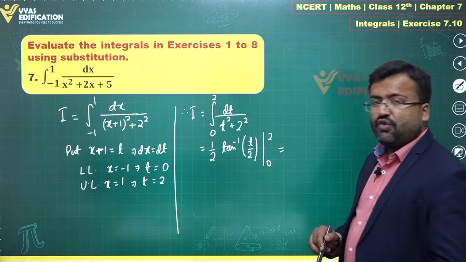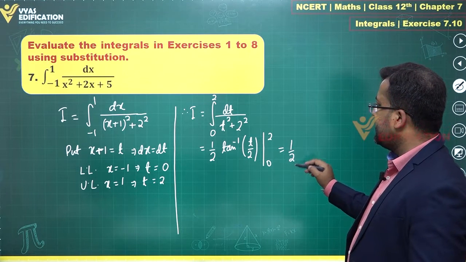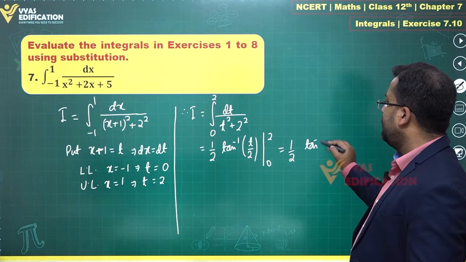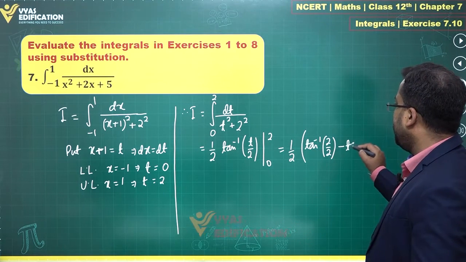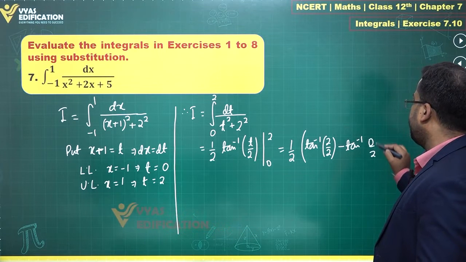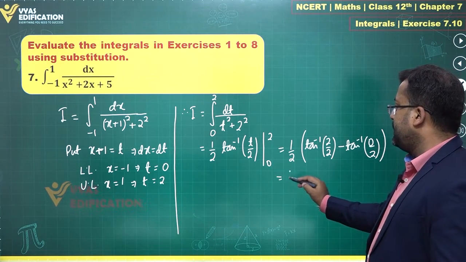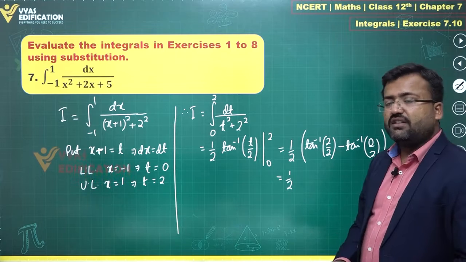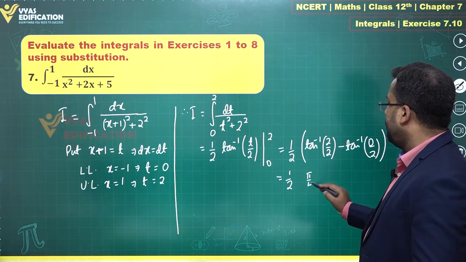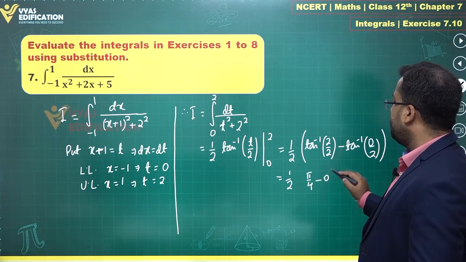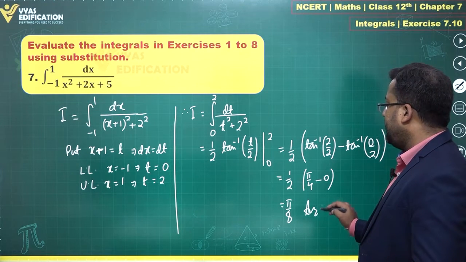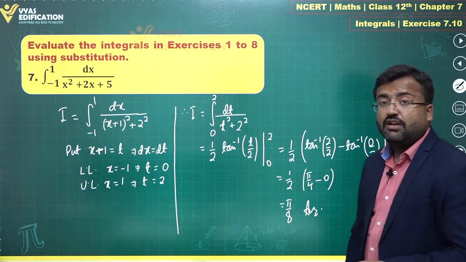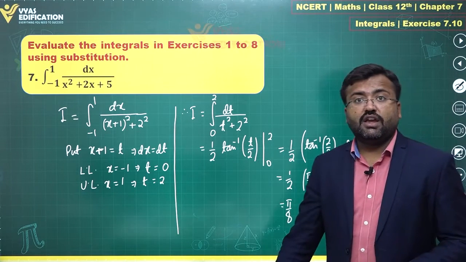And this further becomes what? This 1 by 2 remains as it is. This becomes tan inverse 2 by 2 minus tan inverse 0 by 2. Okay, this 1 by 2 is okay. Tan inverse 1, what is that? Pi by 4. Minus tan inverse 0, which is 0. So this becomes pi by 8, and that is my required answer for this question, as you can see over here.